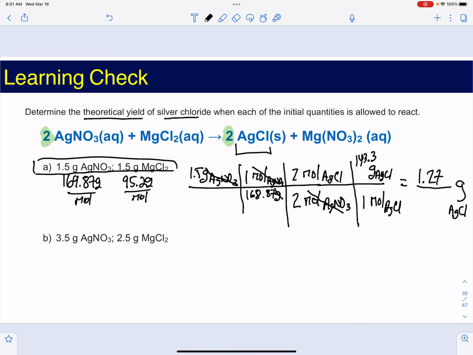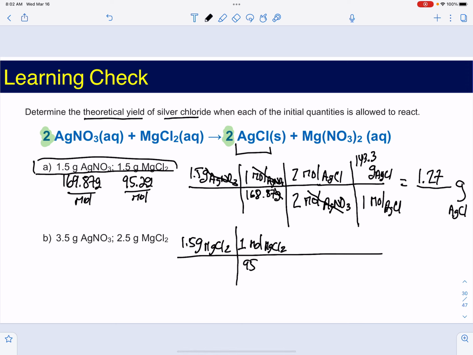But we don't know which one is the limiting reactant yet. So we have to do the same thing with the magnesium chloride. So if we have 1.5 grams of magnesium chloride, we will change those to moles of magnesium chloride, which is 1 mole for every 95.2 grams.